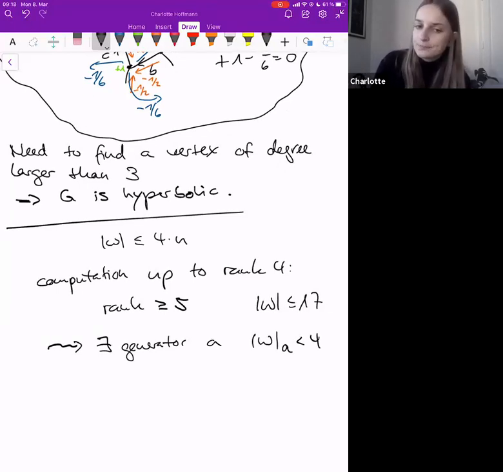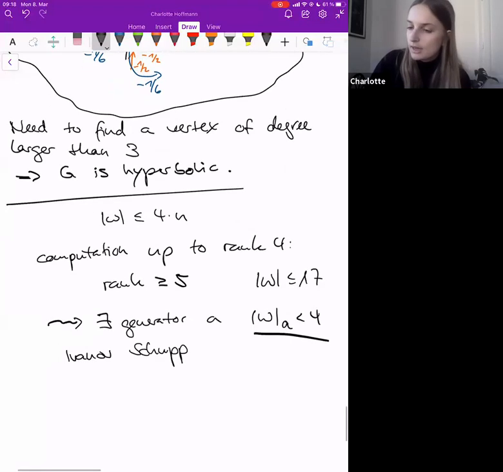And then there are some results by Ivanov and Schupp. They tell us exactly, if we have something like this, when the group is hyperbolic and when it's not hyperbolic. And it turns out that in all of the cases where it's not hyperbolic, the imprimitivity rank is equal to 2.